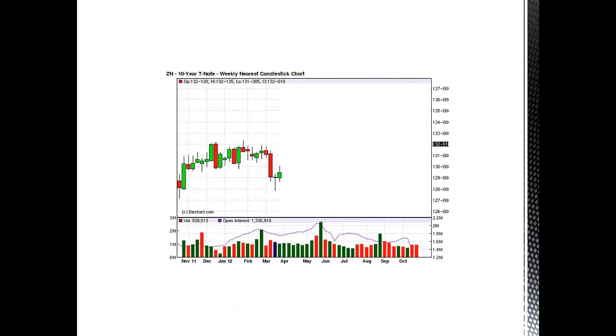Okay, let's look at the 10-year T-notes and how we can use these in conjunction with yield analysis. What we're looking at here is March, April of this year, 2012, going into spring. We have a weekly swing low formed at the 128 big figure for the US 10-year T-note.